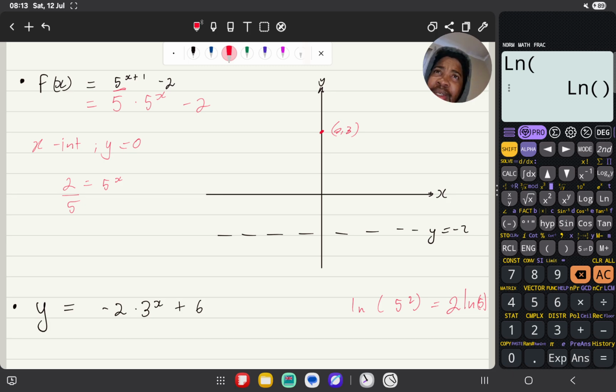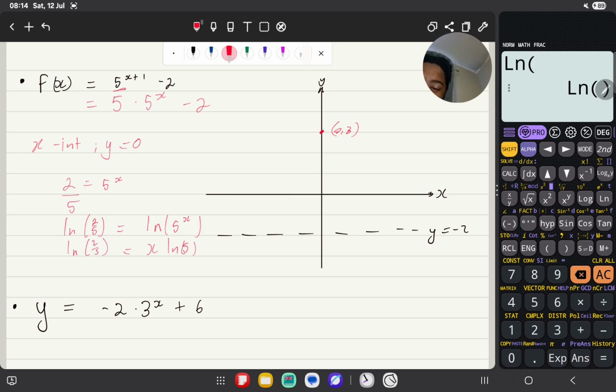So how does this help us? It helps us here. So you put ln both sides, ln of 2/5 equals ln of 5 to the power of x, right? And then here you're gonna have x ln of 5, and here you're gonna have ln of 2/5, right?